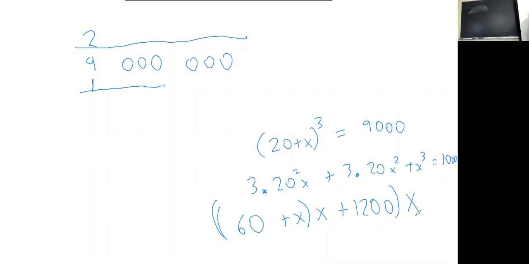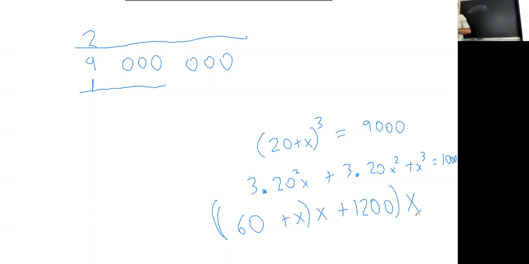Is this the same as this? It's 3 times 20 squared times x, so that's 1,200x. And if I multiply that out, I do get 1,200x. I get 60 times x squared, and I believe I do get 60 times x squared plus x cubed.